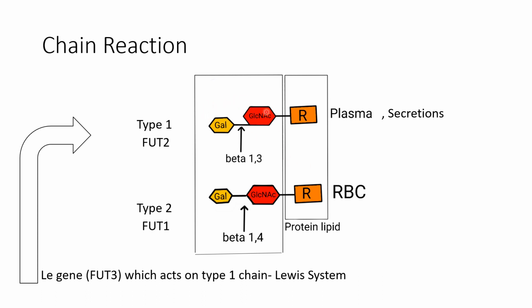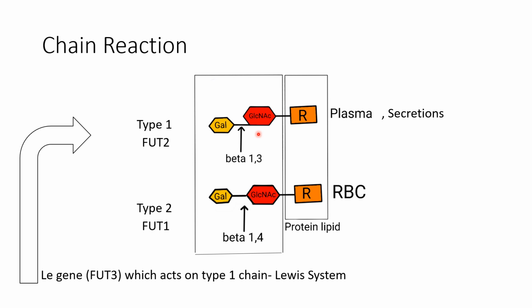Now both the type 1 and type 2 chains have N-acetyl glucosamine at the sub-terminal portion, and on the terminal there is a galactose sugar, right? Both of them have the same thing, but the biochemical linkage between these two sugars is how you differentiate a type 1 from a type 2 chain.